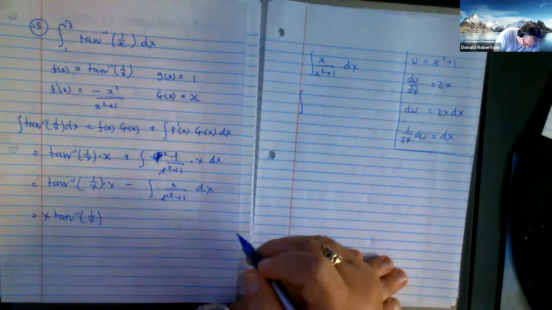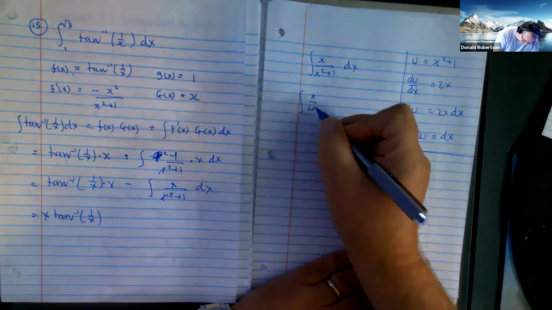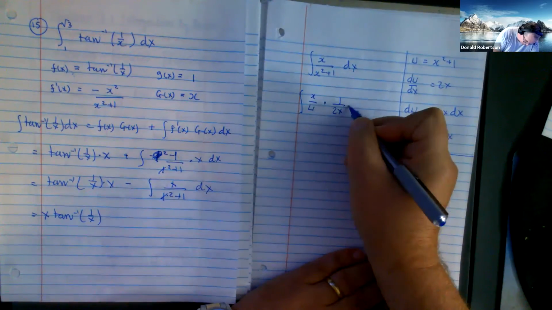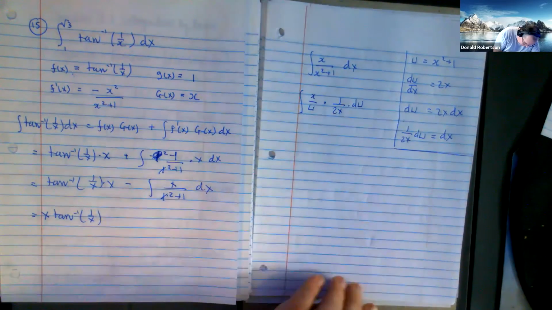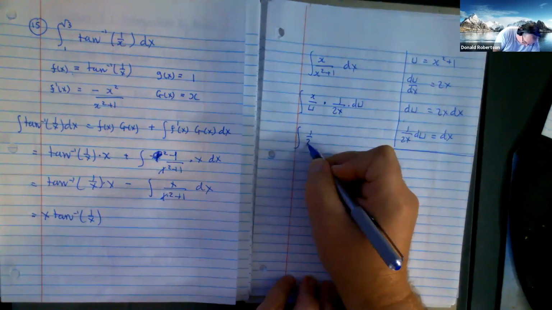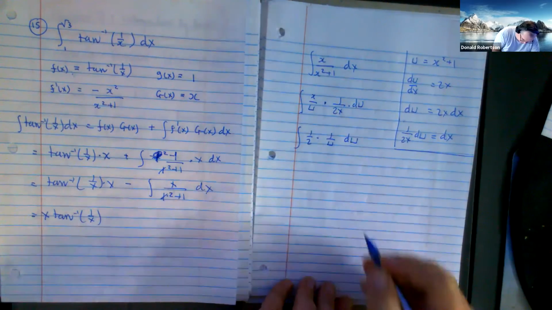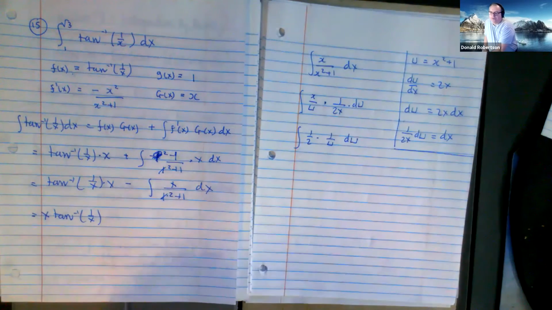So it becomes x over u times 1 over 2x du. And that becomes 1/2 of 1 over u du. And okay, what's the integral of 1 over u?